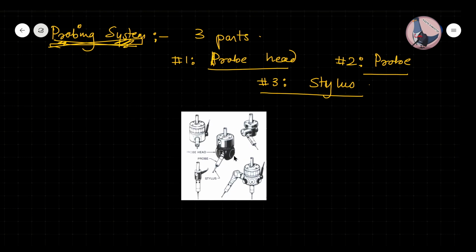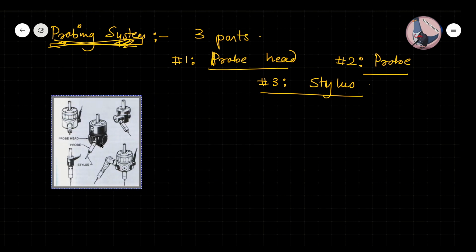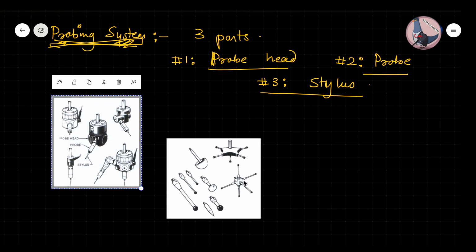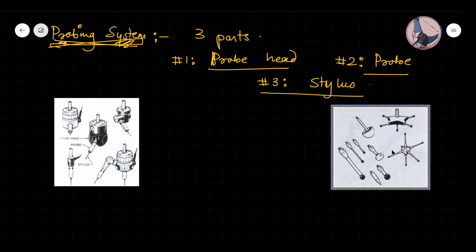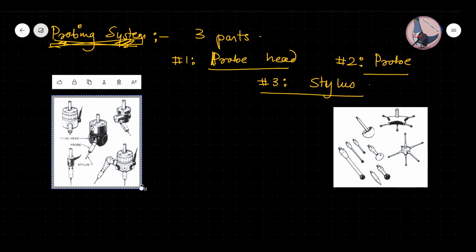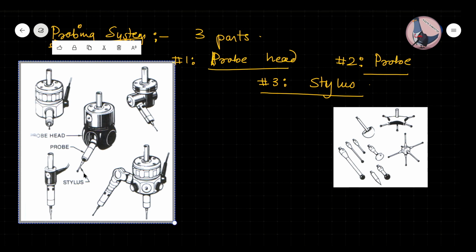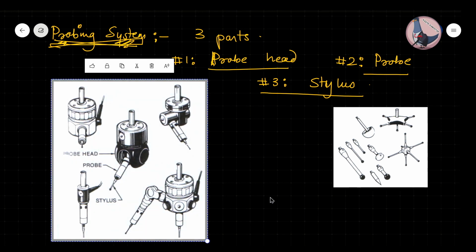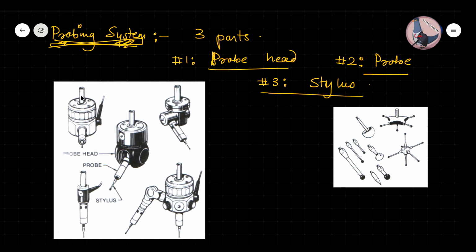Yes, this can be one. Then another one will be this. Yeah, first you see this. In this, you can very well see that these are the probe heads. Fine.